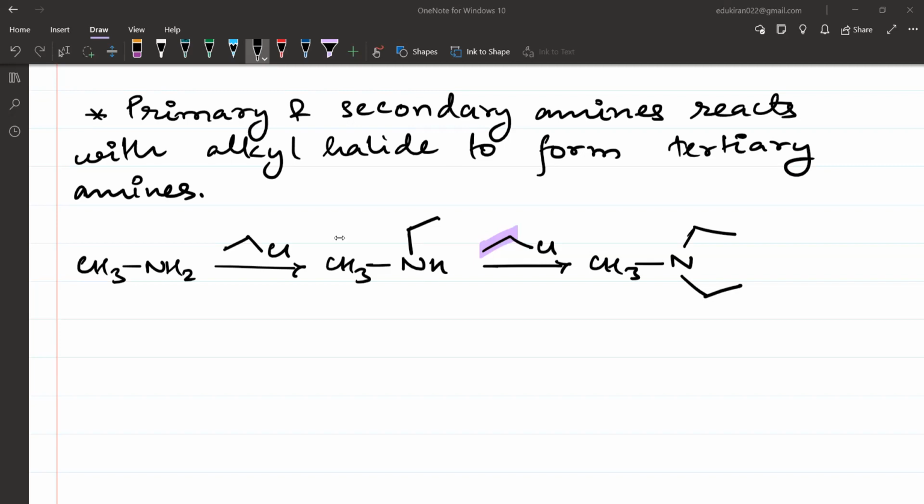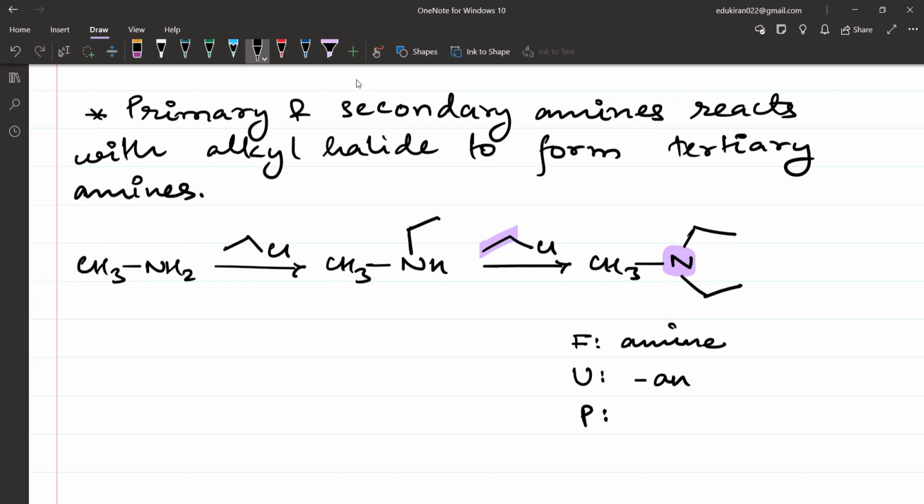What is the functional group here? Since there is a nitrogen atom that is attached with alkyl group, my functional group is going to be amine. Unsaturation, since we don't have any double bond or triple bond, unsaturation is going to be an. Now, what will be the parent?